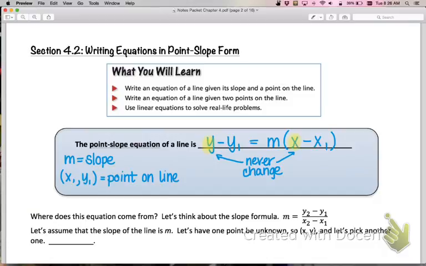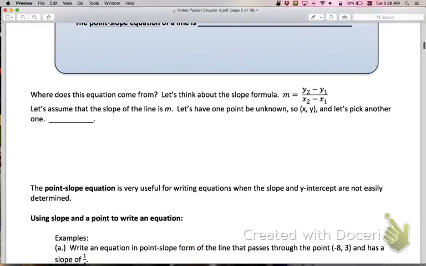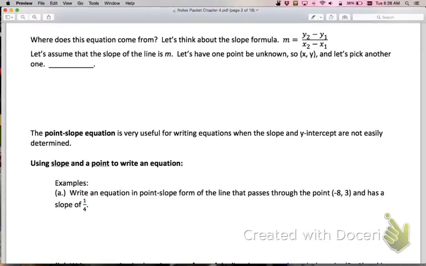So let's look at where this equation comes from so you understand a little bit about it. If we start with the slope formula, y2 minus y1 over x2 minus x1 equals m, let's just pick one of the points. We're going to keep one of them as x and y that I don't know about, but let's pick a different point. I'm just going to pick some random numbers. Let's use 2 and 3. It doesn't really matter.